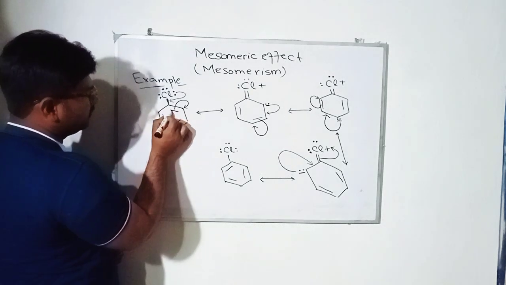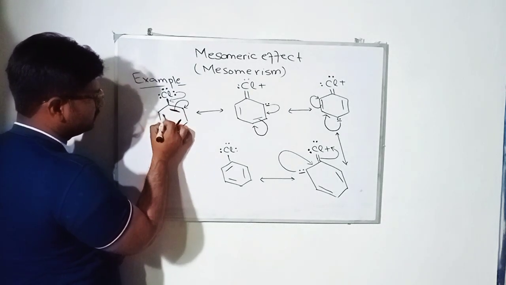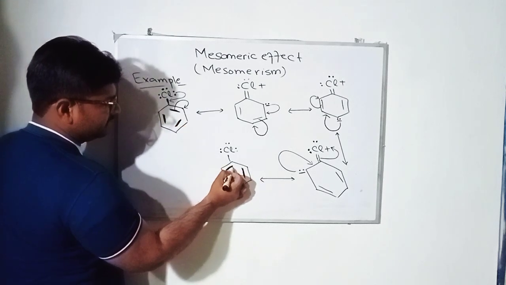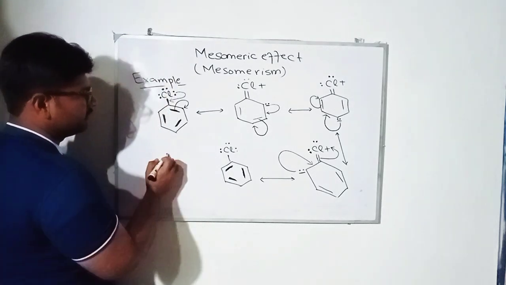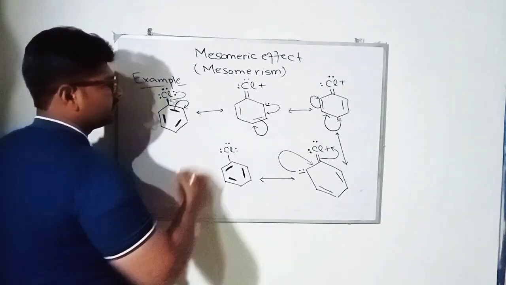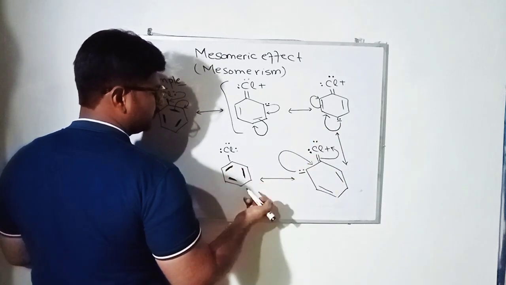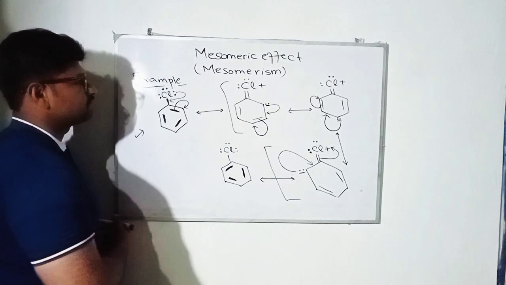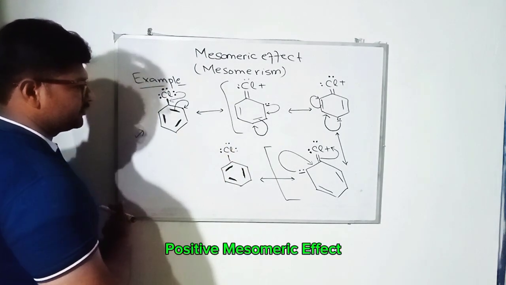Now concentrate on these lines that are representing the pi bonds. These lines are exactly replicas of each other. So we will say that there are 3 resonating structures of chlorobenzene. And this effect that has been produced is a mesomeric effect.